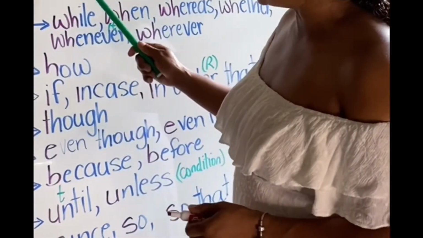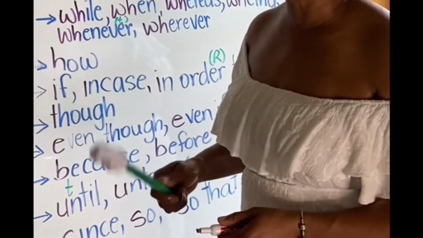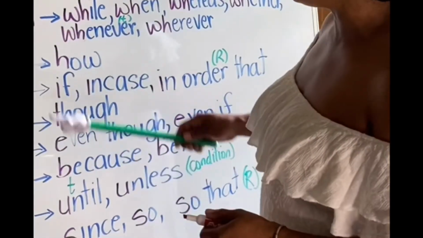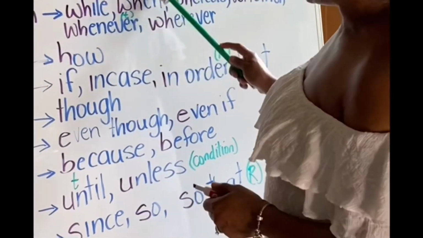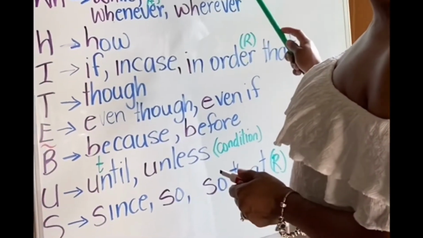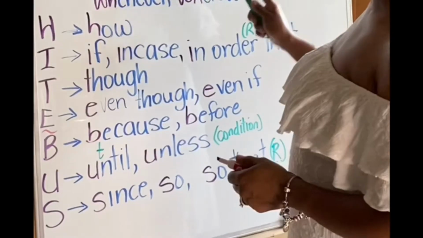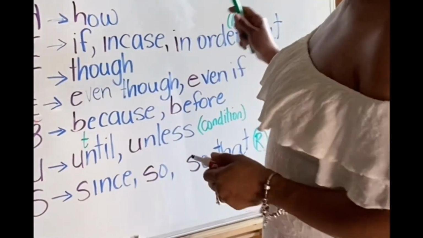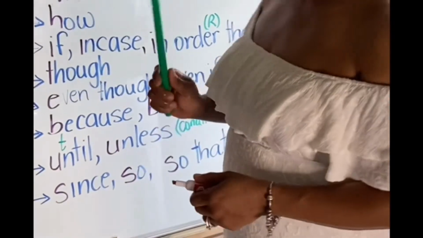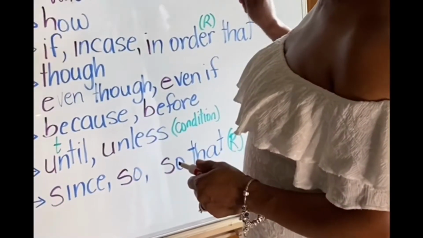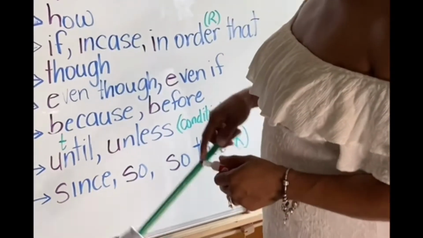So we use now that in some cases when we're referring to time. A means although, after, or as. After is used to refer to time, and as is used when we're giving a reason. Hence this little R and this little T.